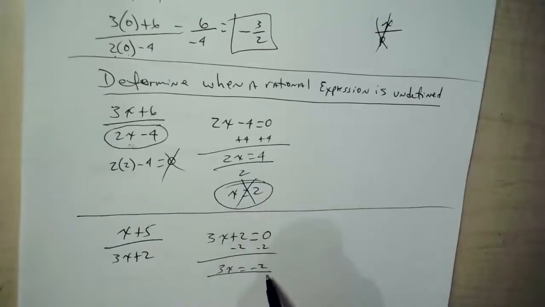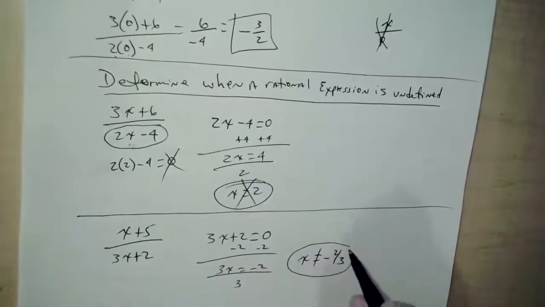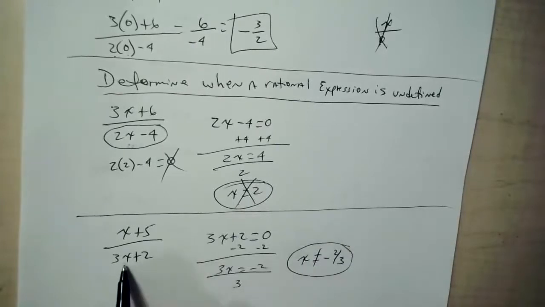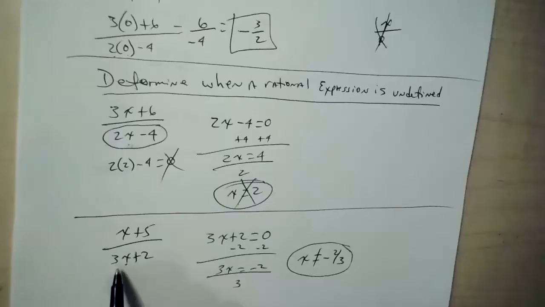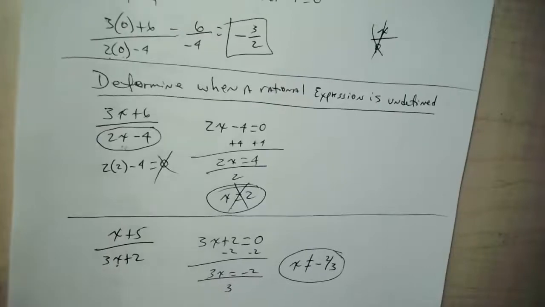Subtract 2, subtract 2, 3x equals negative 2, divide by 3. x cannot equal negative 2/3. Because if you put negative 2/3 in here, you're going to get negative 2 plus 2, which would be 0. You can't have that. This makes sense? Okay.